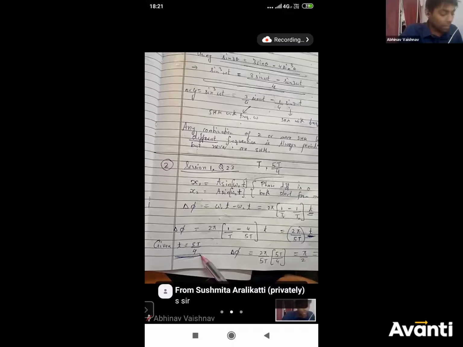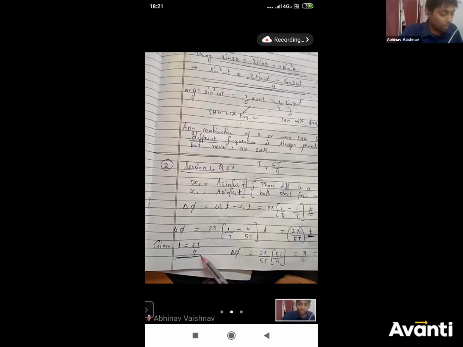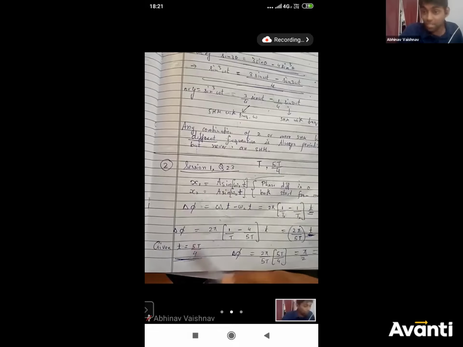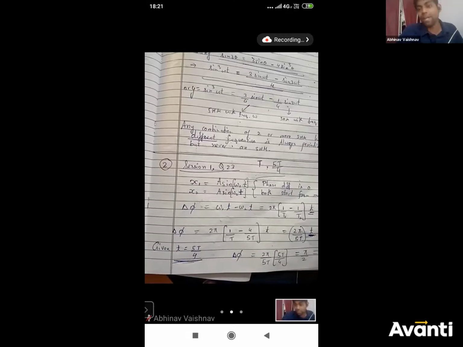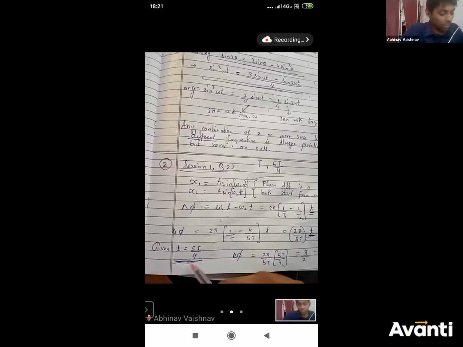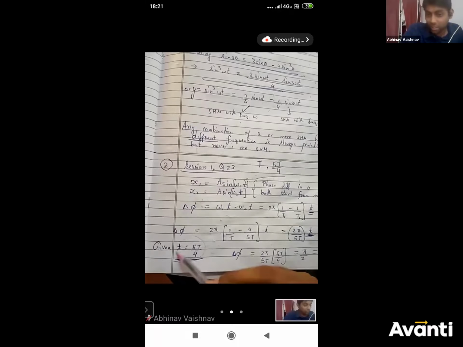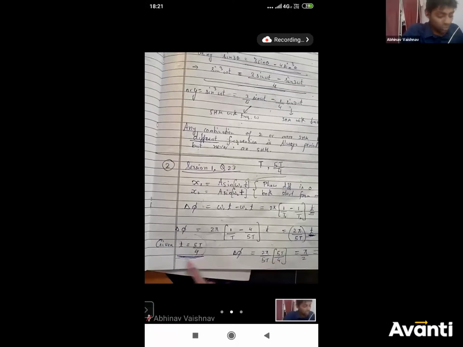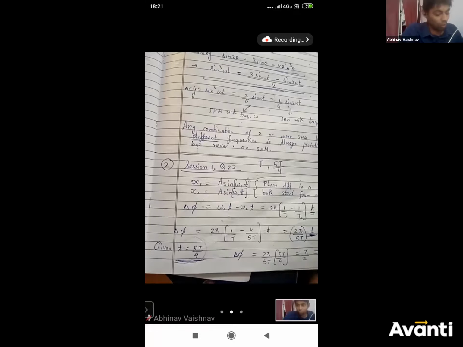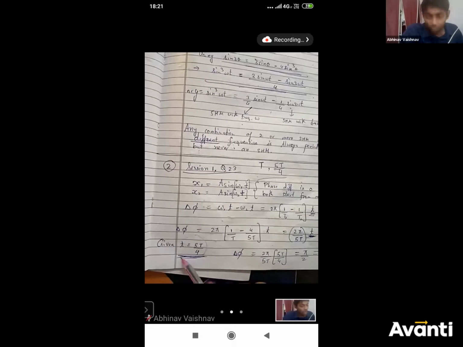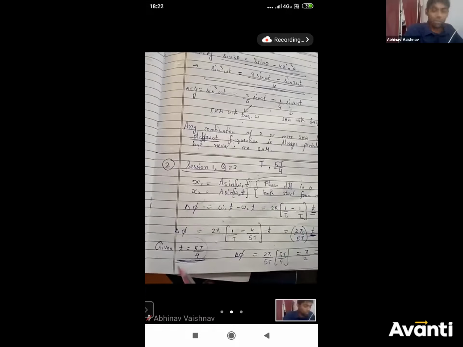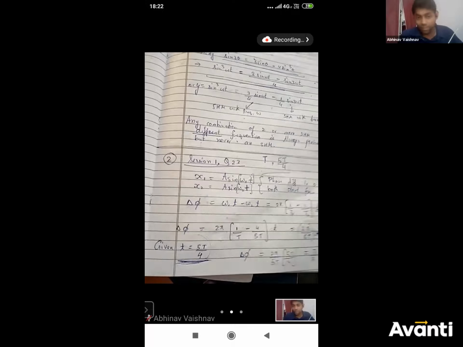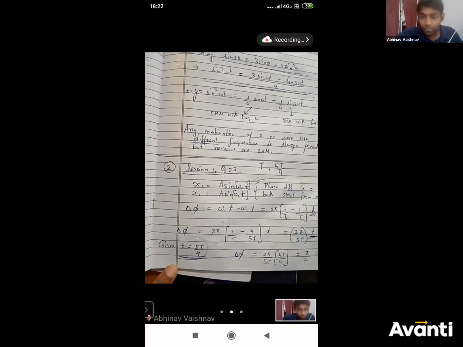So if that particle has completed one oscillation, that means 5T/4 time has passed. So t has to be 5T/4, because after how much time will it do one oscillation? It will do one oscillation after 5T/4 seconds. That is why we have substituted t as 5T/4.